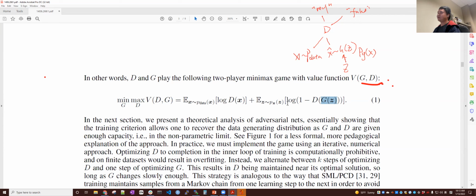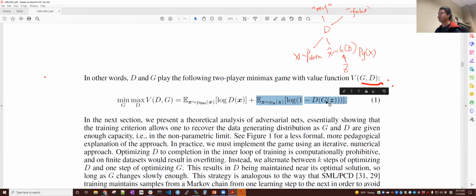instead of maximizing the likelihood of this, we want to minimize the likelihood of the discriminator making the right decision, right? If we minimize this form, it means the generator is really good at making fake data, and it can fool your best trained discriminator so that it cannot make the right decision.